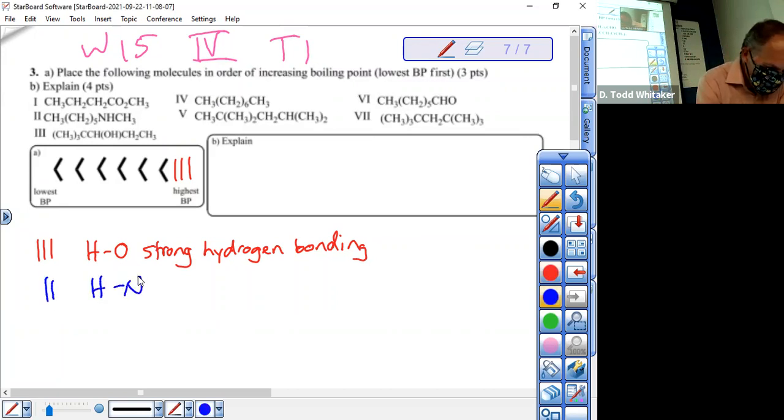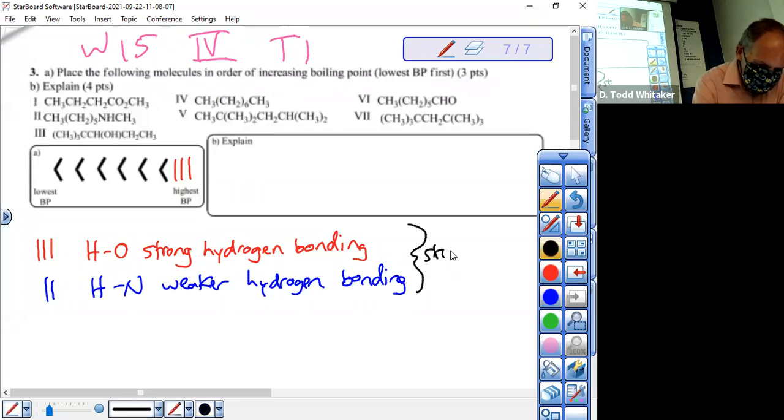HN, weaker hydrogen bonding. They're at the top. Strongest hydrogen bonding is the strongest. What was it called again?